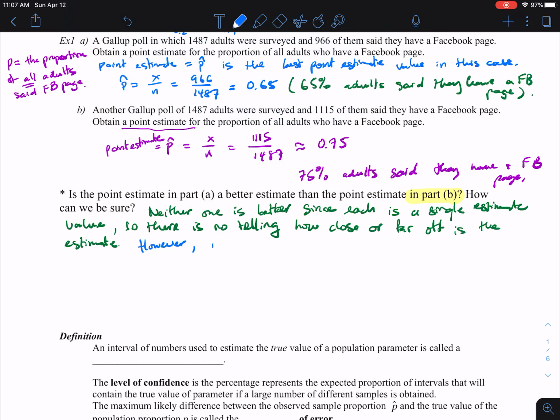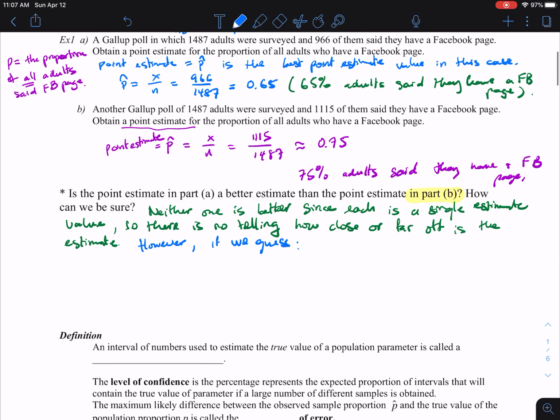suppose we obtain another p hat from a different survey, and we guess that p hat is 65%, and we say, from that 65%, give or take 5%.